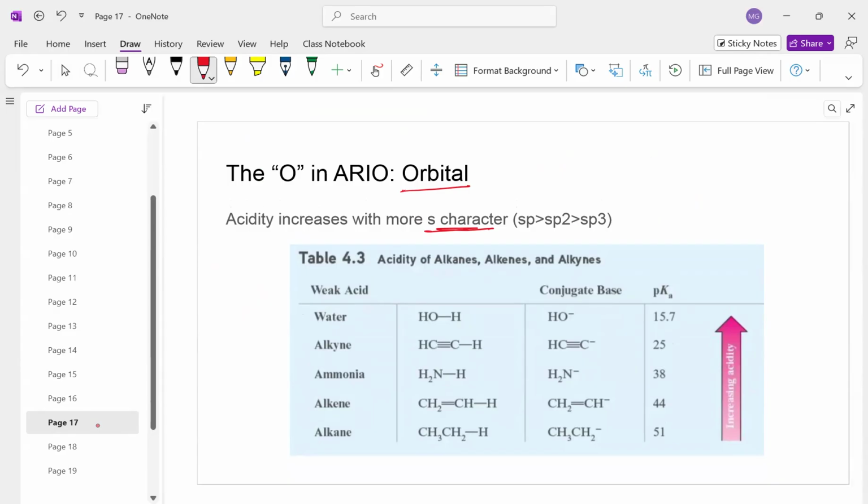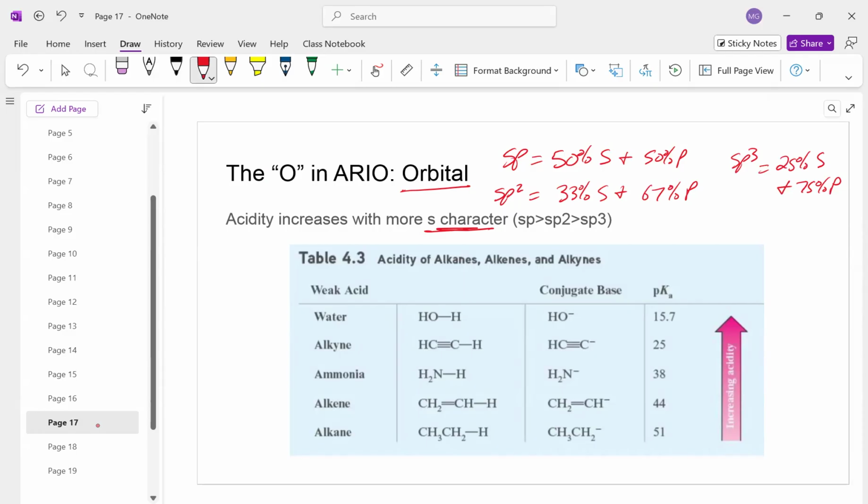If you look at an sp hybridized atom, sp is 50% s and 50% p. sp2 is 33% s and 67% p. And then sp3 is 25% s, 75% p. Now, the more s character it has, the better it can accommodate a negative charge.